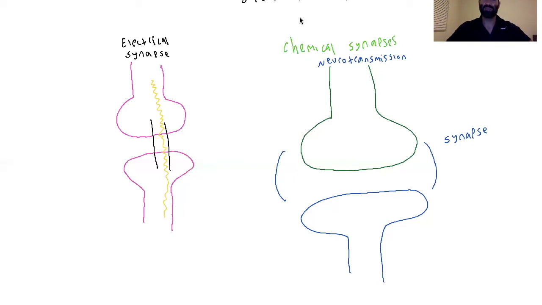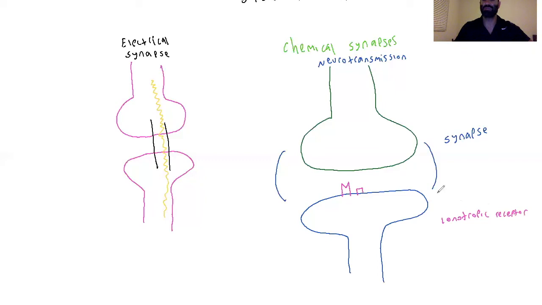Now, neurotransmitters usually use a receptor ligand complex called an ionotropic receptor. So I'm going to draw that here. And neurotransmission generally uses what's called an ionotropic receptor.